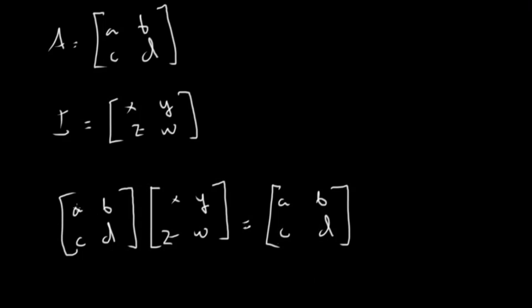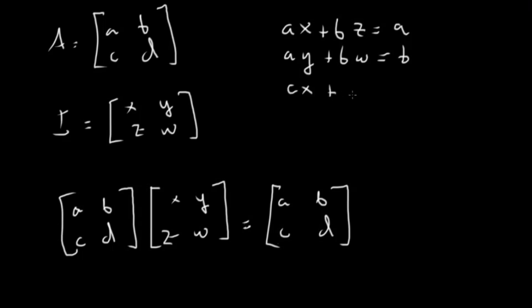Here we go. So a times x plus b times z should be a. ay plus bw should be b. cx plus dz should be c, and cy plus dw should be d.